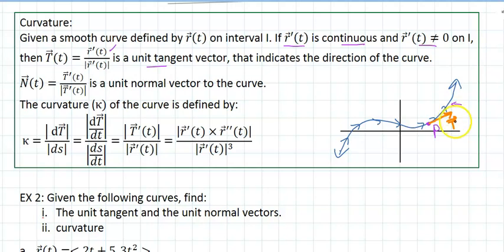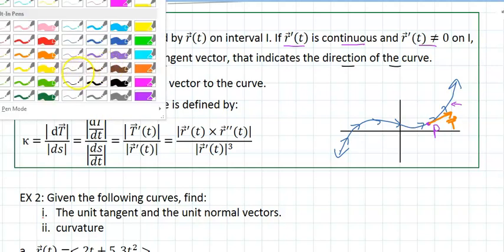So, T and the direction of the curve will match. And N of t is a unit normal. What is that? That is the derivative of T divided by its length.